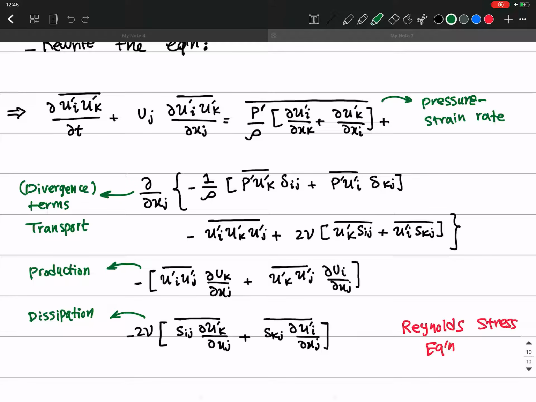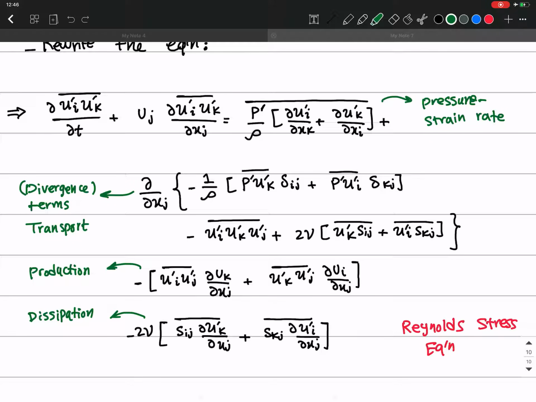We can find these Reynolds stresses at different locations. But here we face another issue. We tried to find an equation for this, but now we have tons of new unknowns that have been added to our problem. What are these pressure strain rate terms? How can we represent them in the flow, and how can we relate them to the mean flow variables?